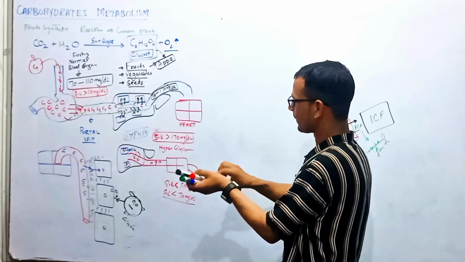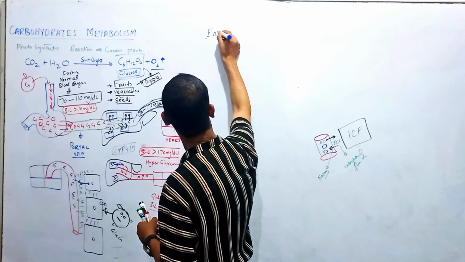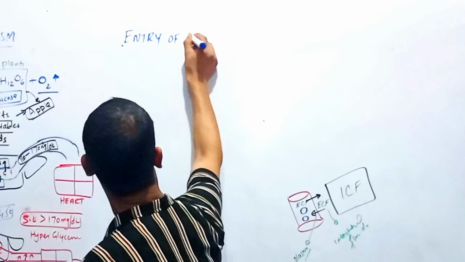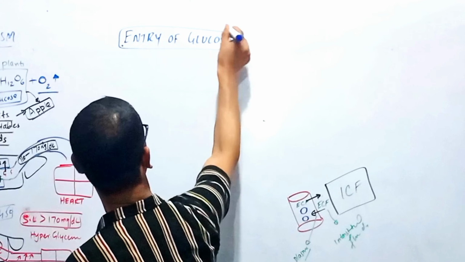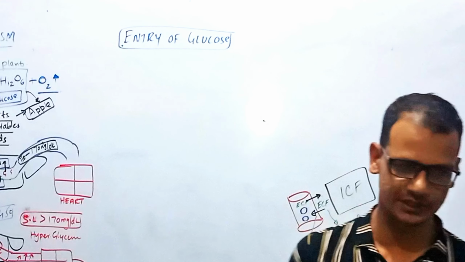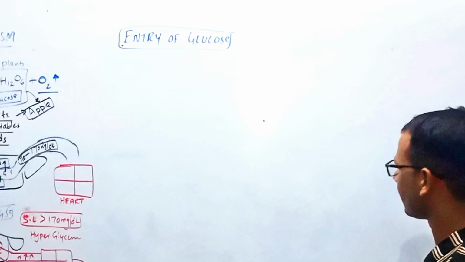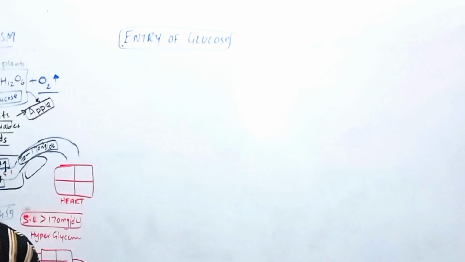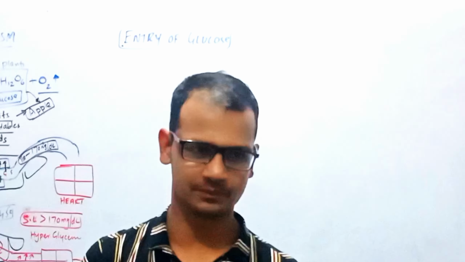The topic is the entry of glucose into the cell. There are two types of entry system to the cell. The first one is the insulin independent pathway, or facilitated diffusion, and the second one is the insulin dependent pathway, the sodium glucose co-transporter system, right?